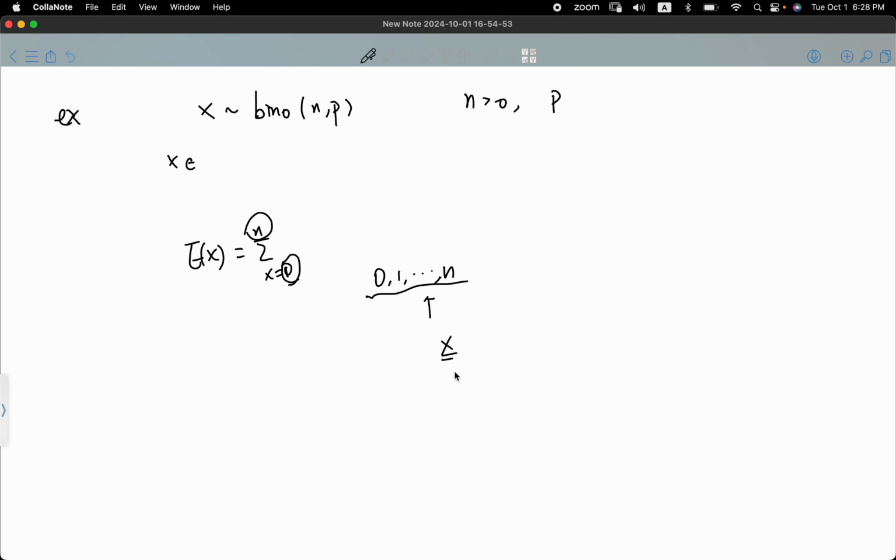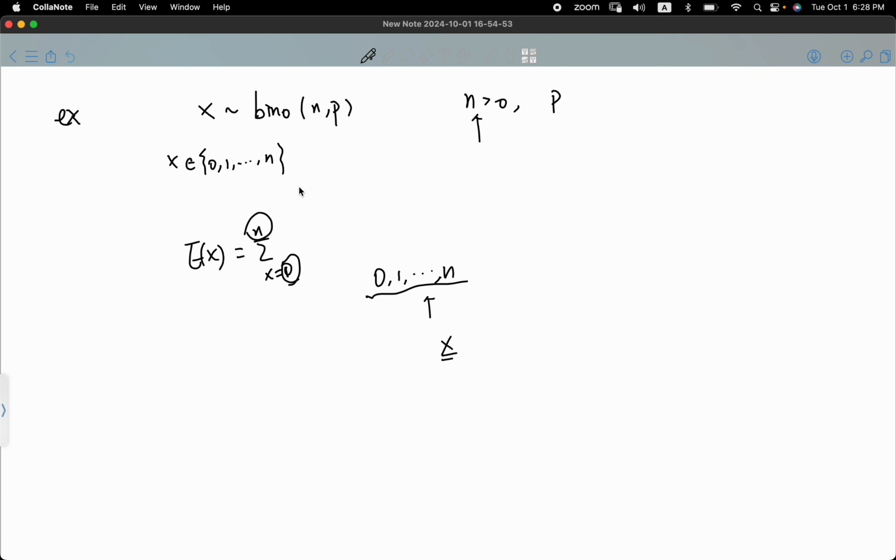So in the binomial distribution, the support for x is just all the integers from 0, 1, all the way to n, where n is also defined here. Good question. I should have elaborated that a little bit earlier. So support is usually the values that the random variable x can take.